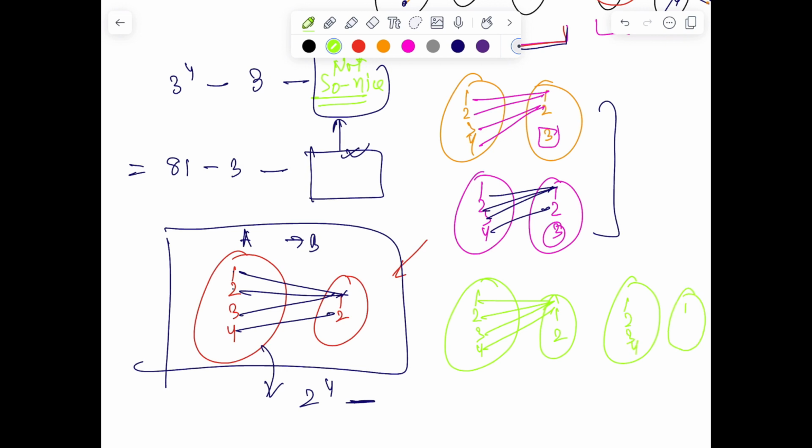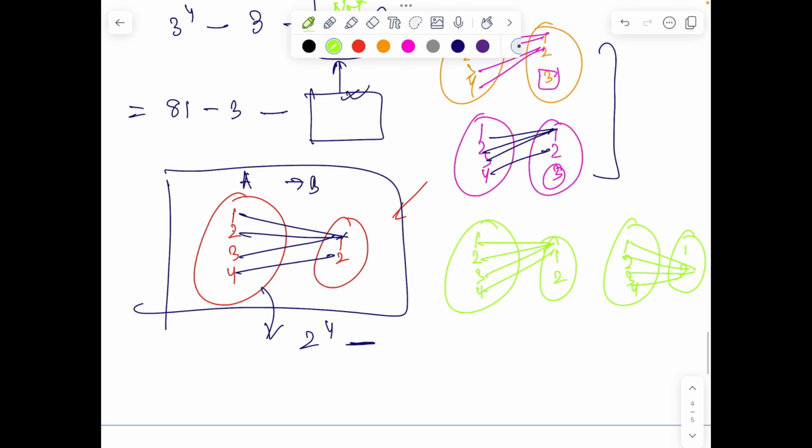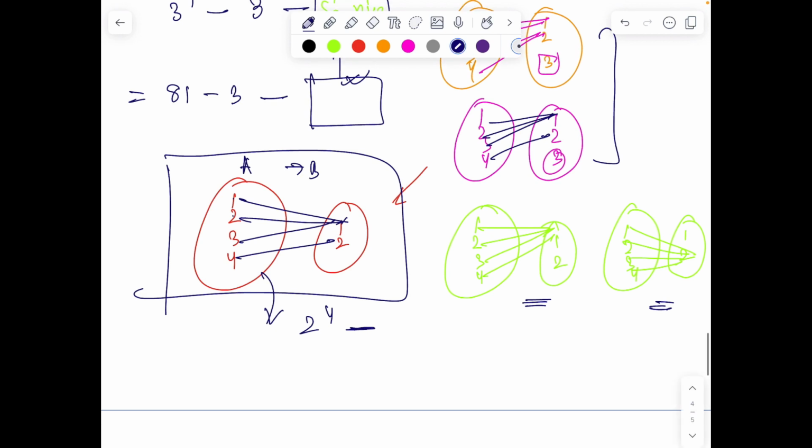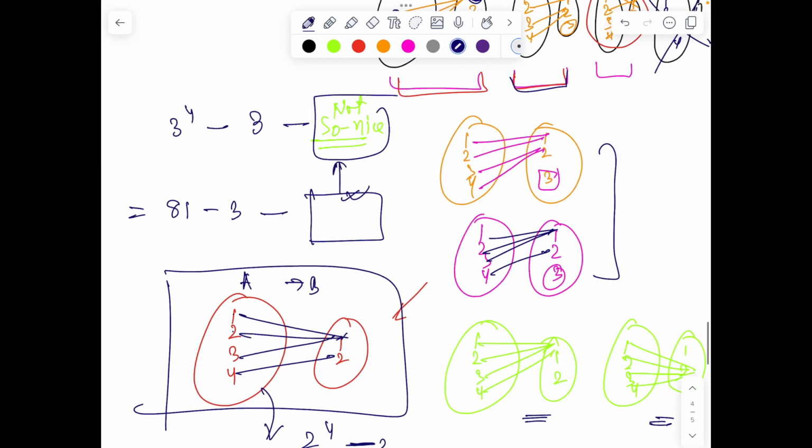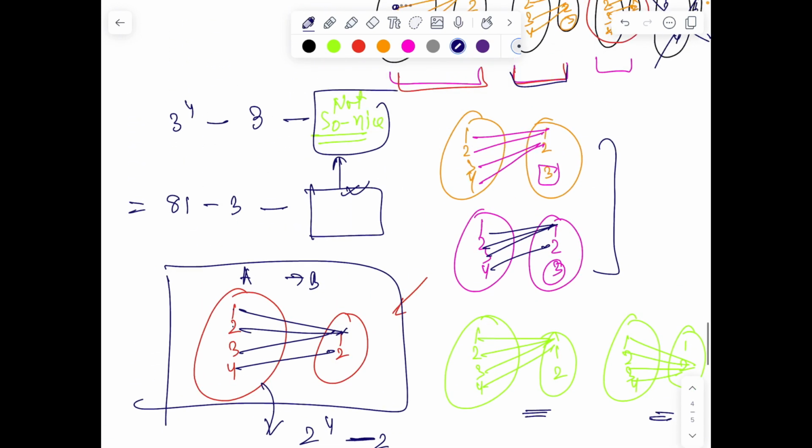Because either all of them will go to 1 or all of them will go to 2. There are no other possibilities, right? Whatever remains has to be onto, okay? So 2 to the power 4 minus 2, which is 16 minus 2, 14.